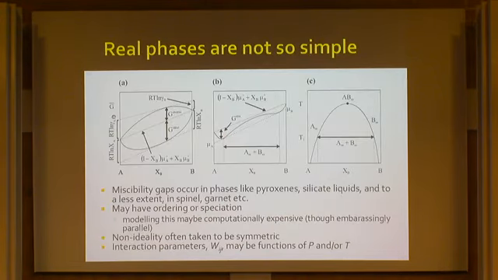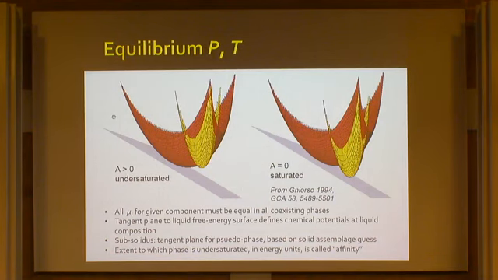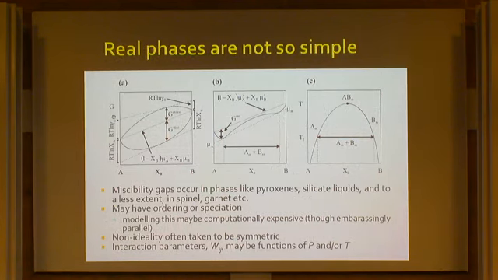Okay. So unfortunately, real phases don't have free energy surfaces in nice balls like this. And in real life, this is molar Gibbs free energy for a binary phase. If it was a simple mechanical mixture of two end members, the free energy would vary linearly.